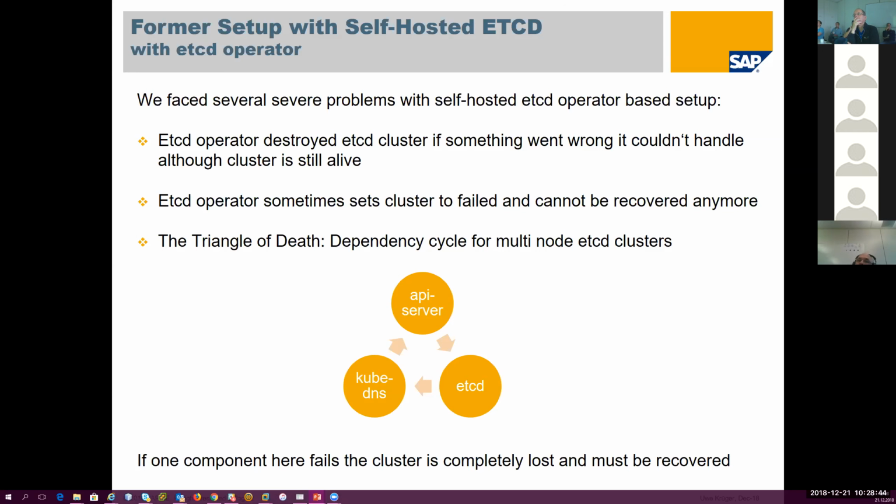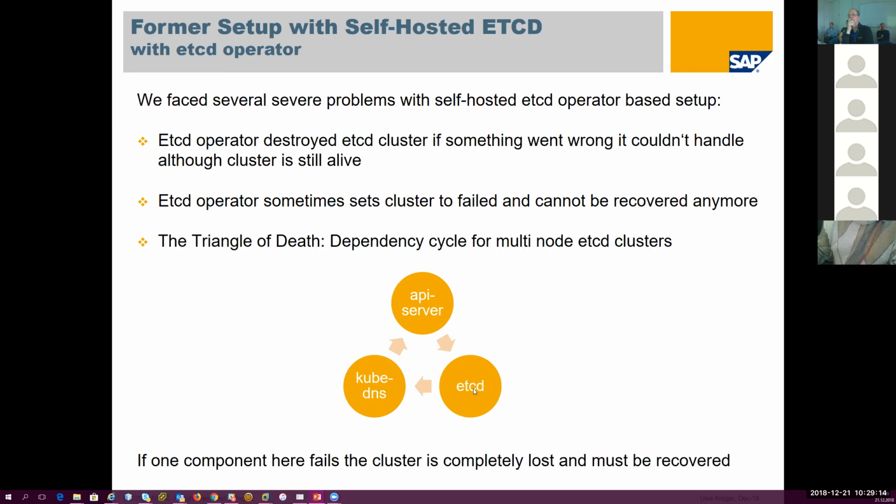But the most important problem is something that results from a dependency cycle, especially for multi-node etcd clusters. We just call it the triangle of death. The problem here is that a multi-node etcd that consists of multiple members requires kubedns for the member lookup. kubedns requires the API server, and the API server for sure again requires etcd.